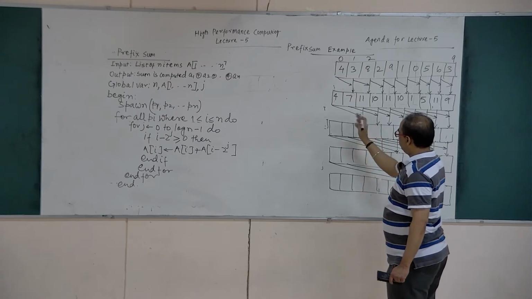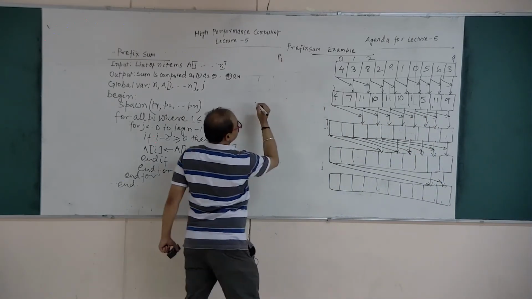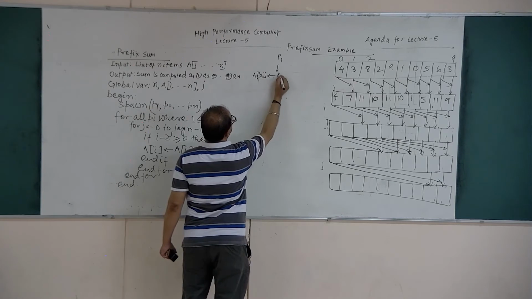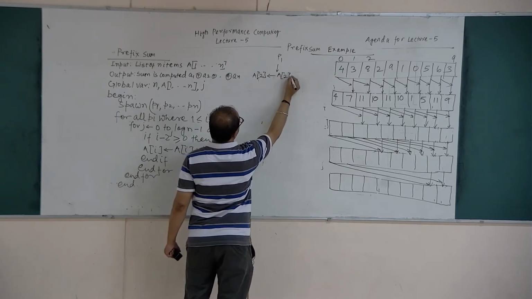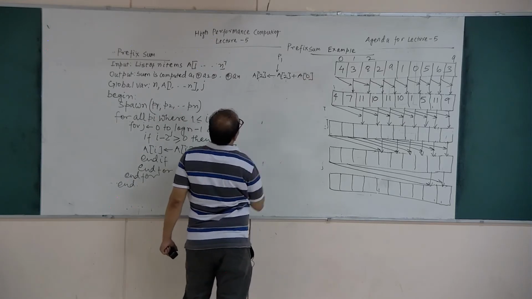So here you can see the processor P1 is adding the element at A2 and the element at A0, and so on and so forth.